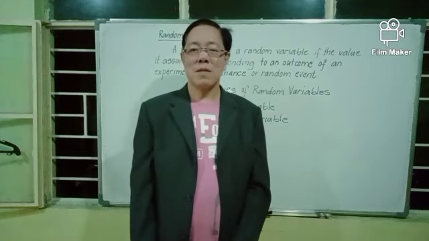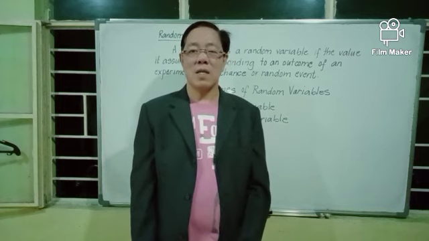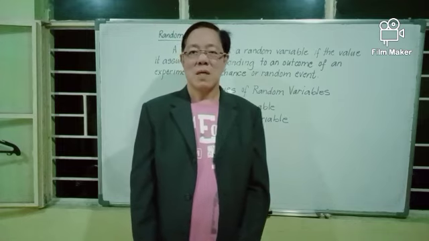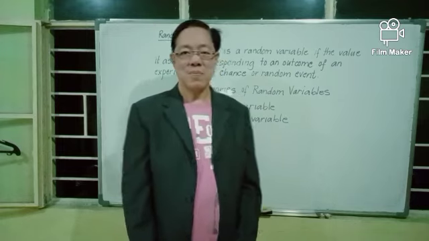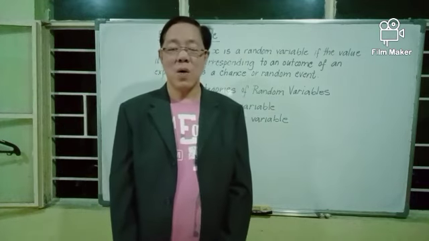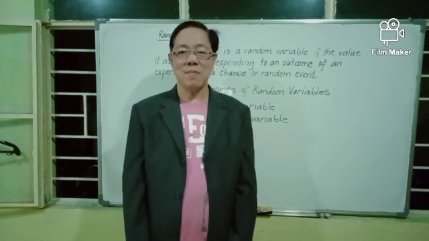A discrete random variable is a variable that can take values that can be counted, like the variable x in our example of tossing or rolling a die.